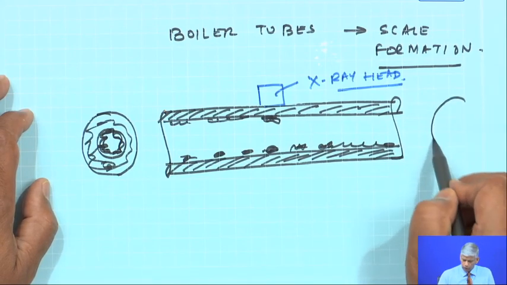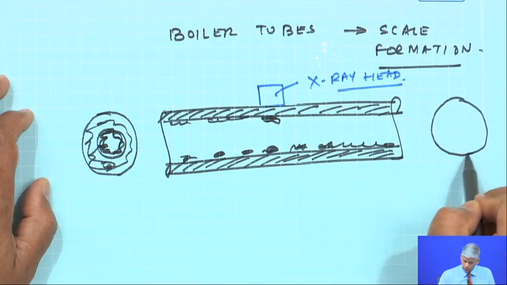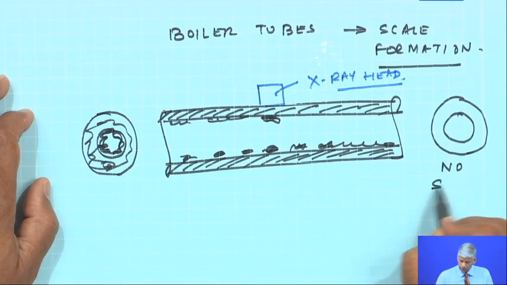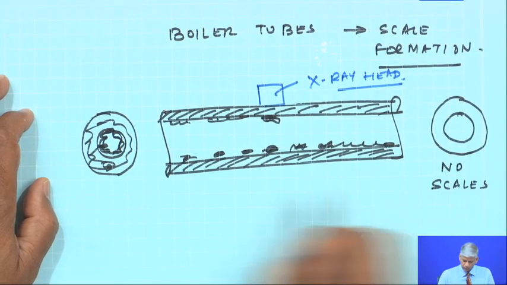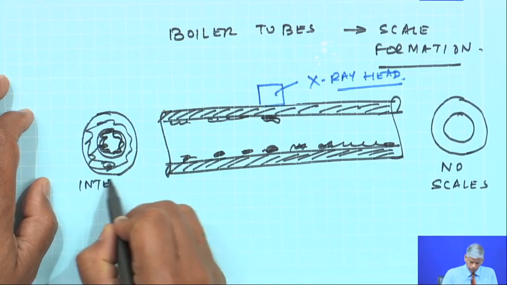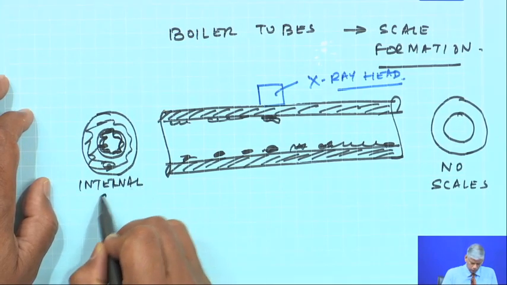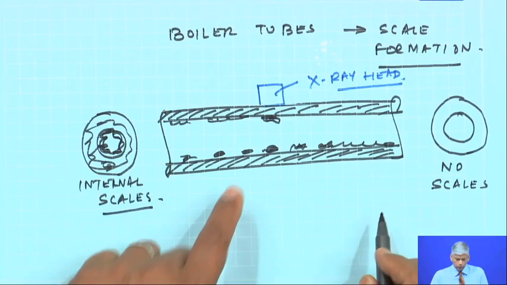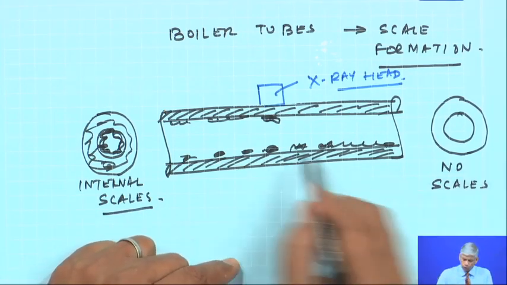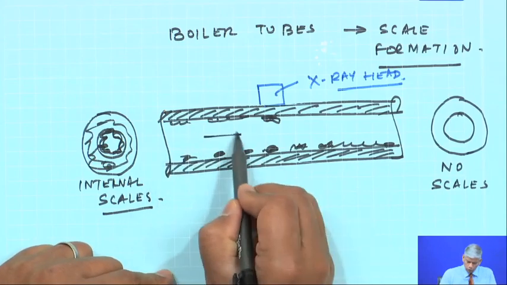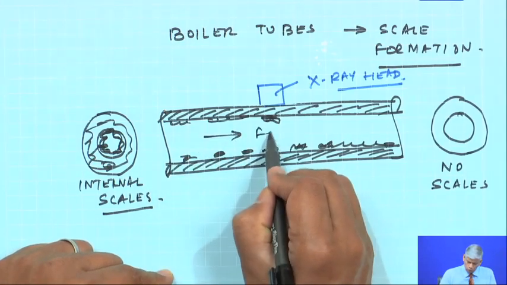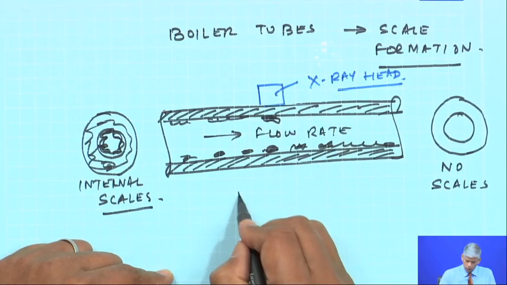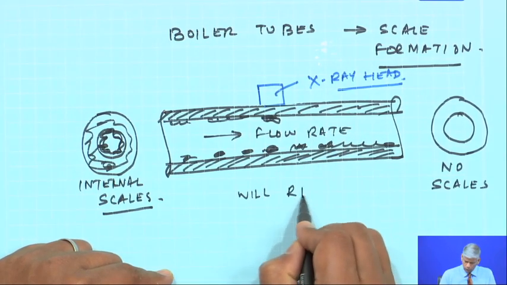So, your original tube was this, no scales, and internal scales. So, because of this internal scales, what happens? The area is reduced. So, the flow rate will reduce.